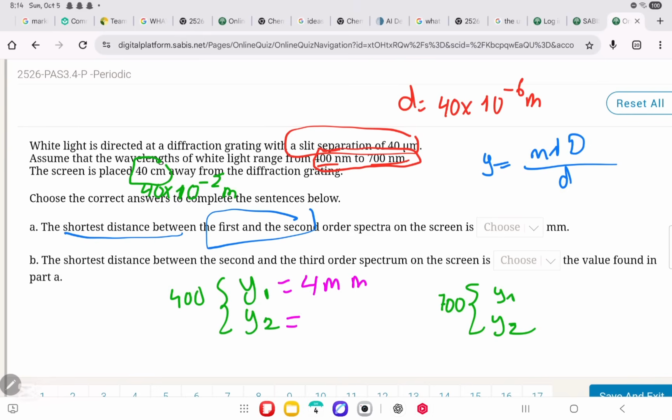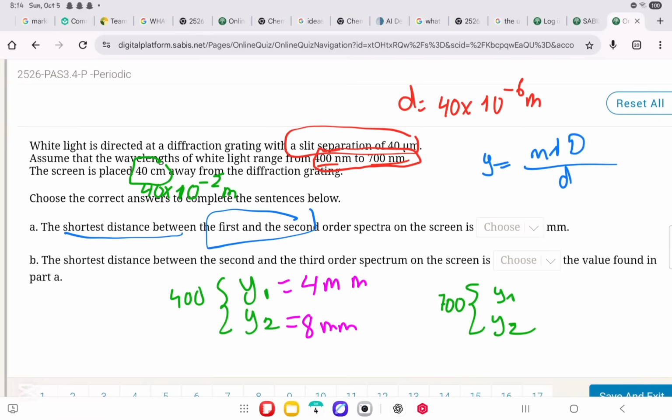For the second one, you do the exact same process, but instead of m being 1, it will become 2, and you will get an answer of 8 millimeters. Now for the 700, you're gonna do the exact same process as you did for the 400, so m lambda capital D over small d, where m was 1.